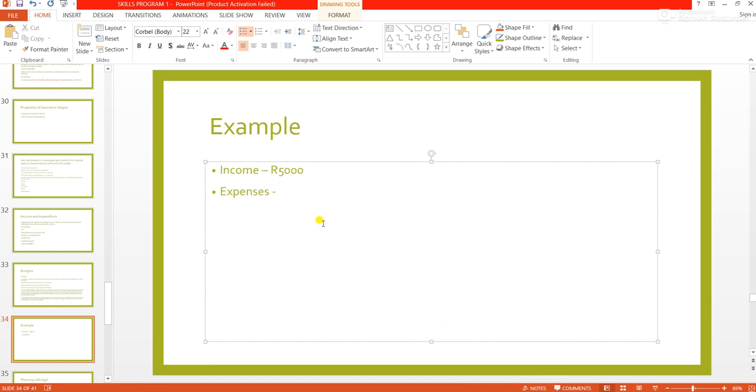So the first thing that we need to include is data. So you spend about minimum 500 for data, for argument's sake. And also, what else?